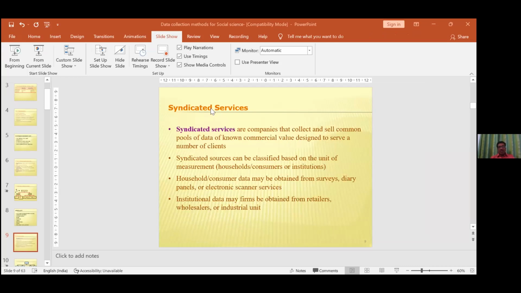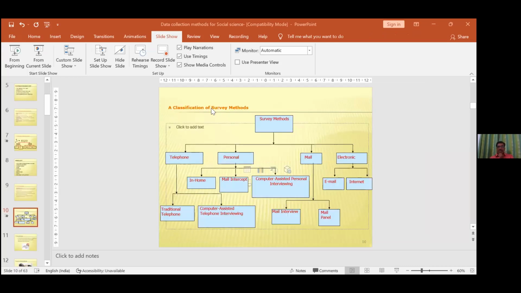Now I would like to recapitulate what we discussed so far. We have seen what is primary data and what is secondary data. We have seen the various ways by which primary data can be collected: qualitative data and quantitative data. Next we have seen what secondary data is, its various uses, and the sources by which it can be collected.